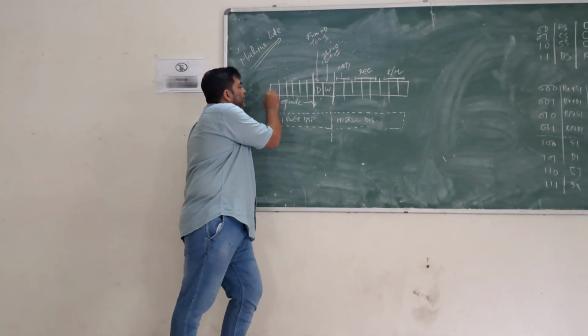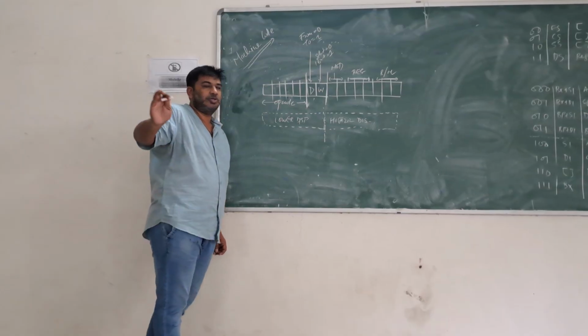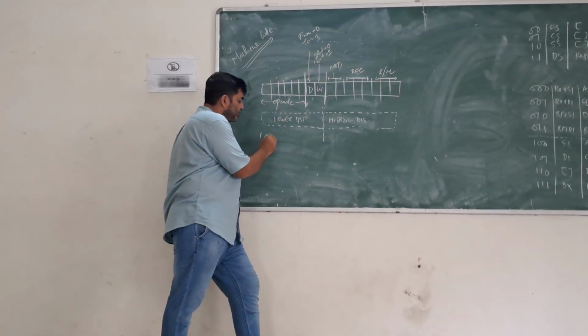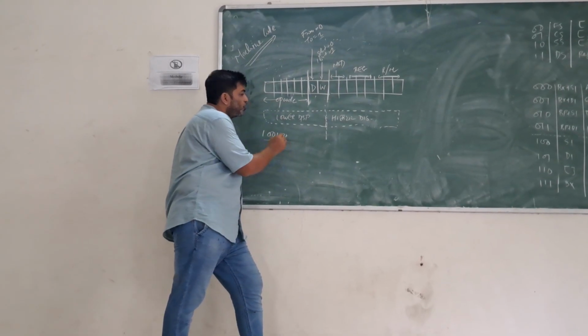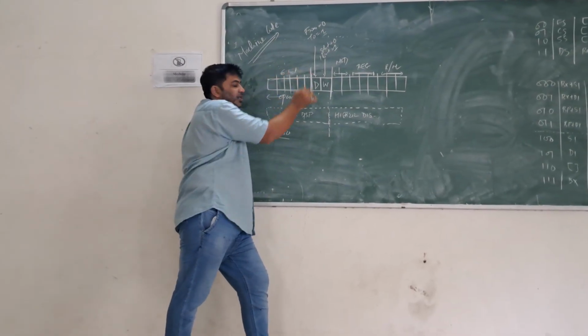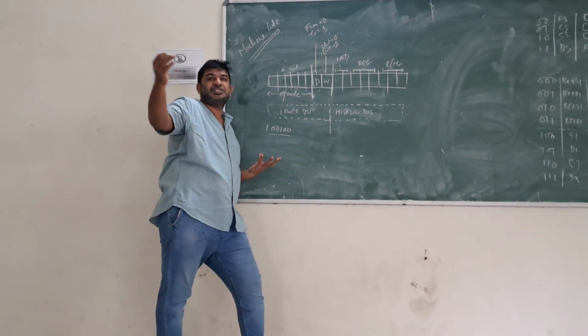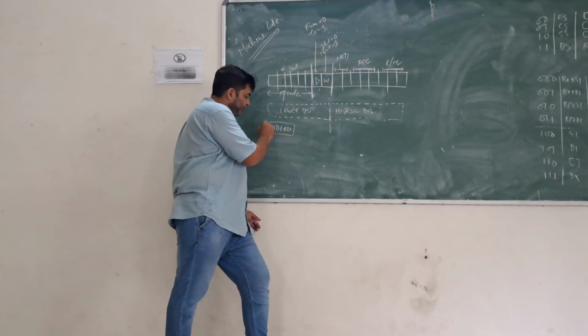This is my opcode. We can't remember all the opcodes, so we'll assume that 100100 is the opcode for the MOV instruction. We'll assume it is 6 bits; in the template, the opcode is required to be 6 bits. If it is an ADD instruction, the opcode will be different.